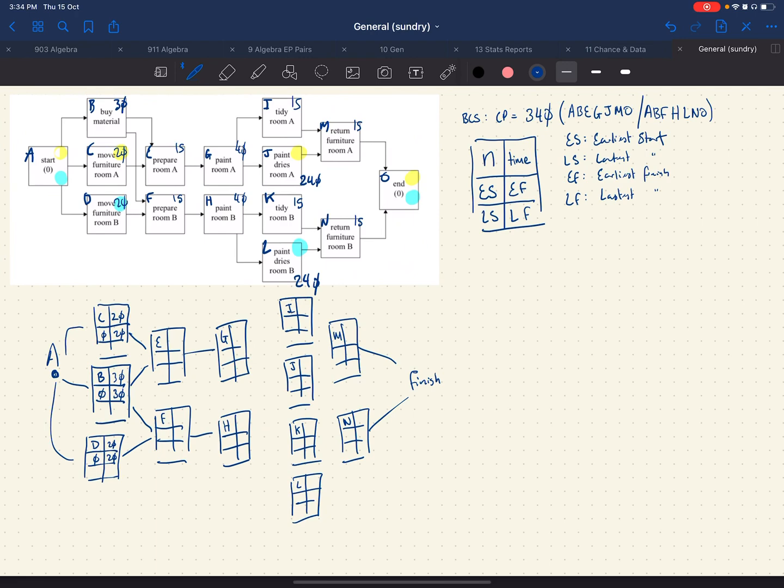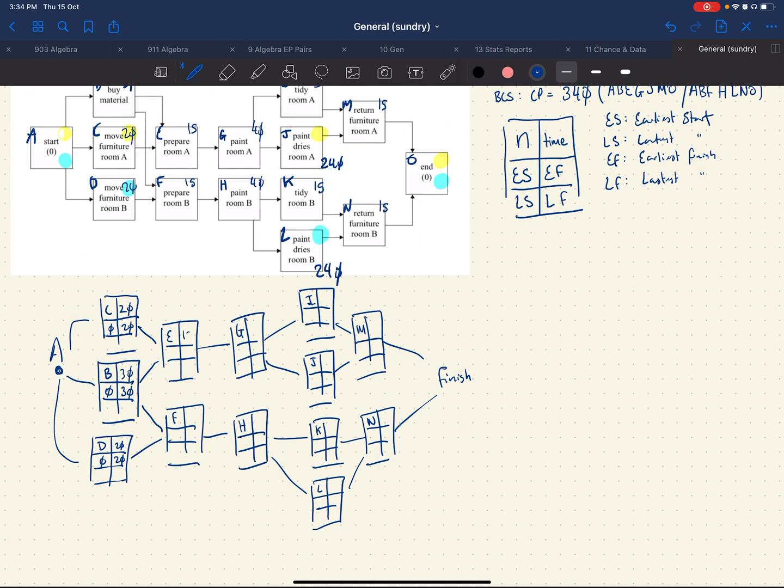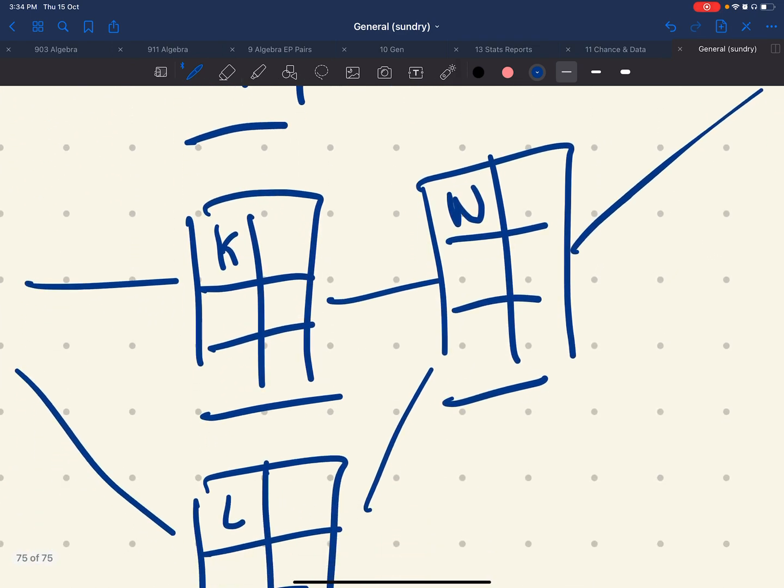All right, so let's fill in these. Okay, so this is another way of doing our network diagram. So E takes 15, F 15, G 40, 40, I is 15, and 240. Oh dear. Okay, 15 and 240.